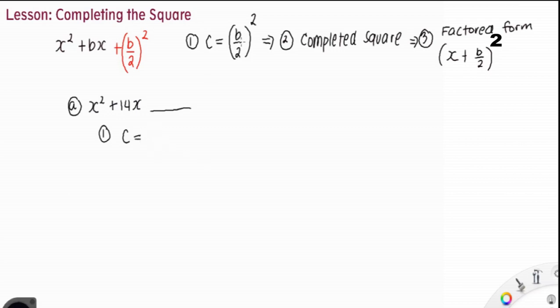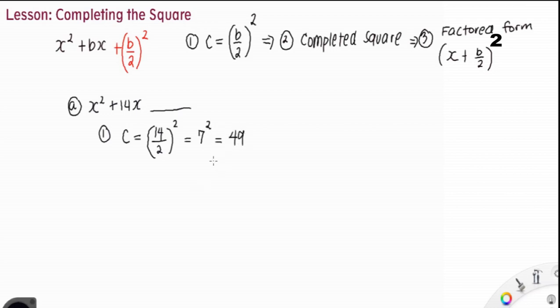Our b, or the second leading coefficient, is 14. Get the half of 14 and then square the term. So 14 divided by 2 is 7. Then we have squared. And this number is 49.